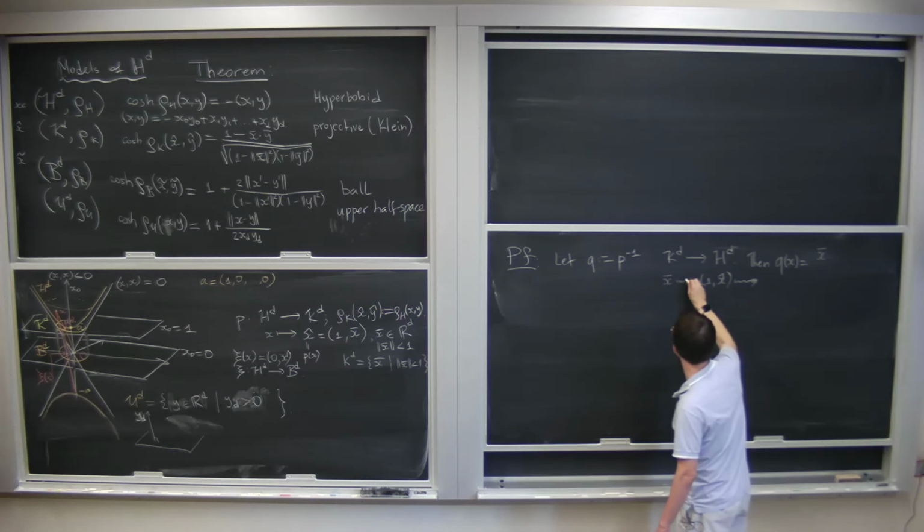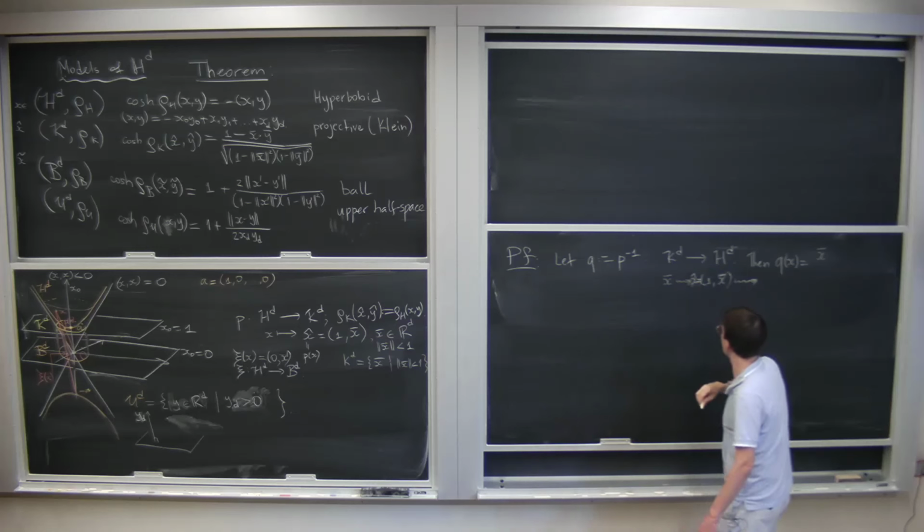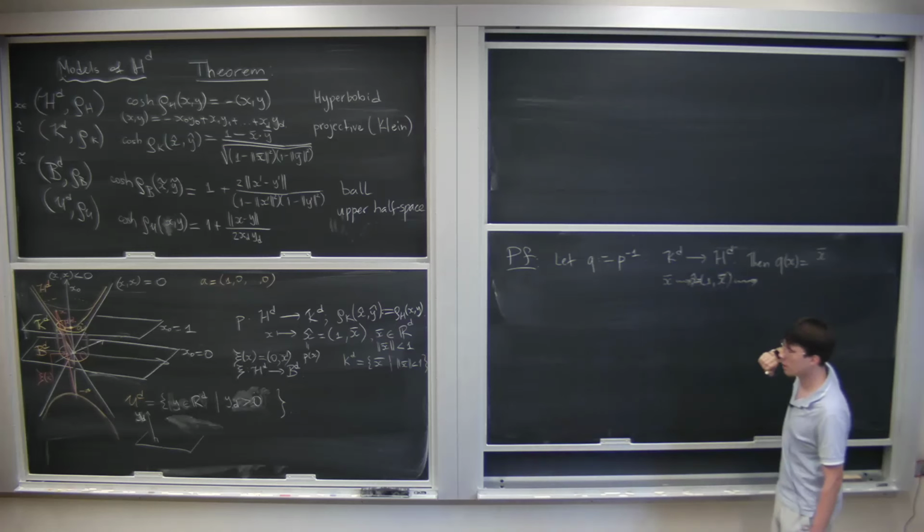So I'm writing that X hat is the pair 1 and X bar. So it's already a d plus 1 dimensional vector.